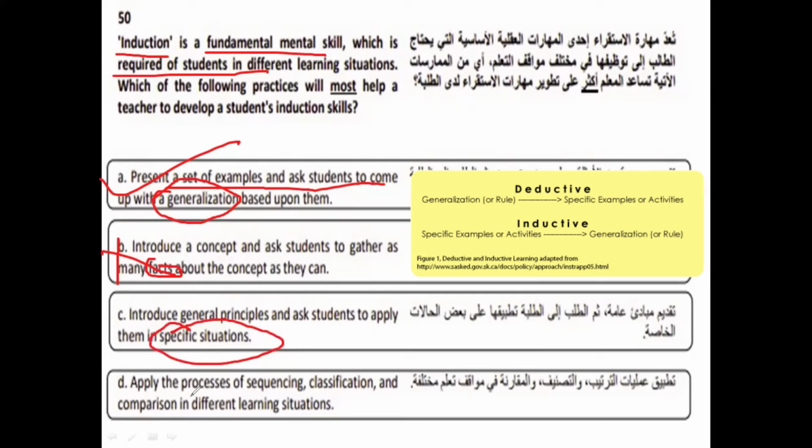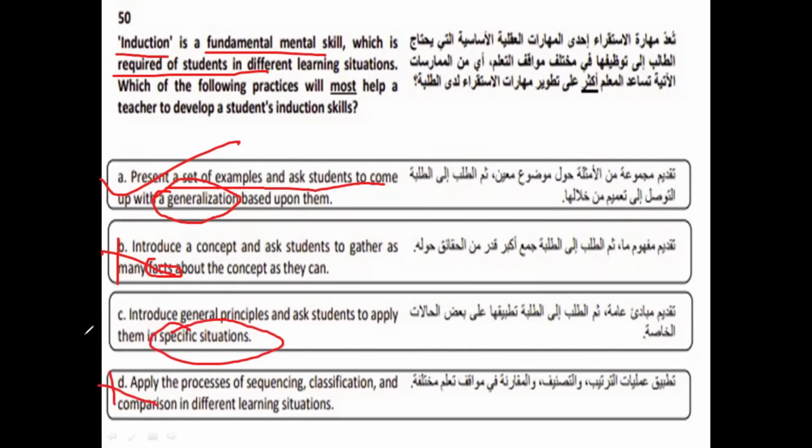Apply the process of sequence, classification and comparisons in different learning situations. This is completely wrong. That means sequences we call inquiry based, when we are talking about probing, investigation. So like these types of questions, at least you have basic information to solve the problems, okay?